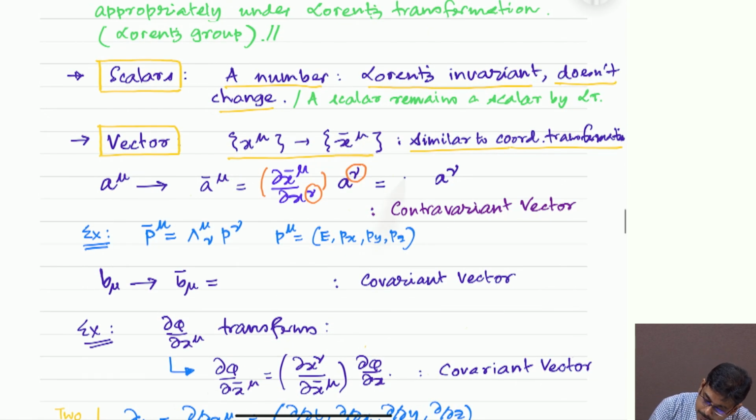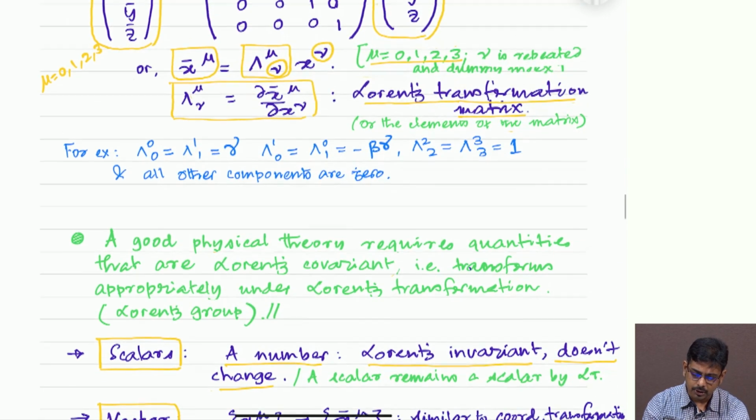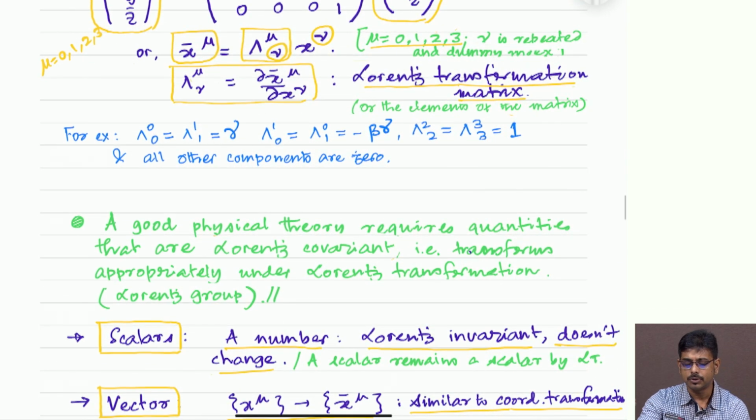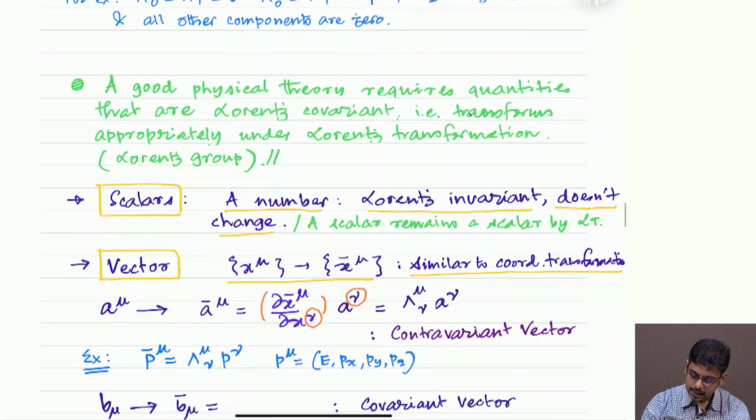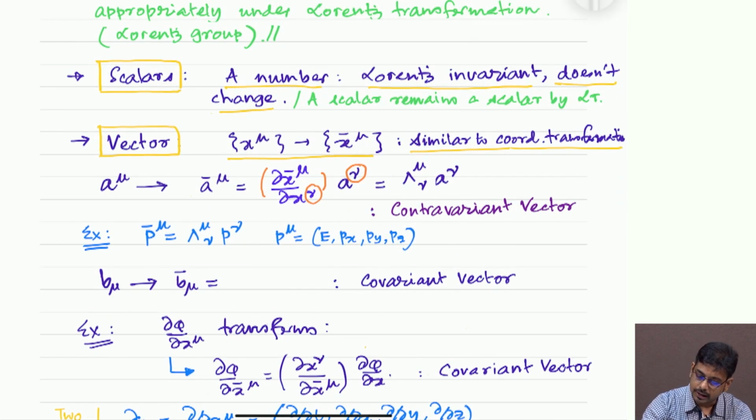So, this is Lambda mu nu a nu. Therefore, there is a kind of vector which transforms exactly as the coordinate transformation. This is exactly how the coordinate transforms, x bar mu goes to Lambda mu nu x nu, and this is what is called a contravariant vector.